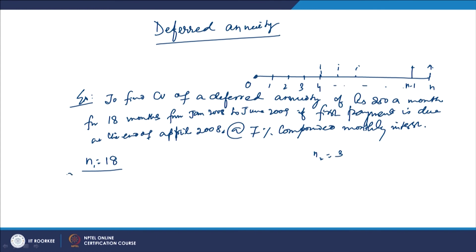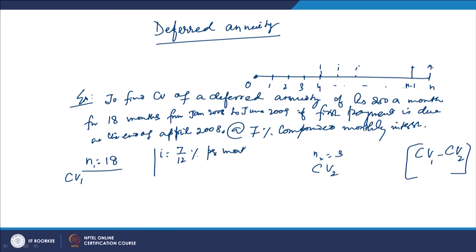So, we will get CV1 and CV2, and the final value will be CV1 minus CV2. The rate I is 7% compounded monthly, so 7 by 12% per month, which is 0.00583.